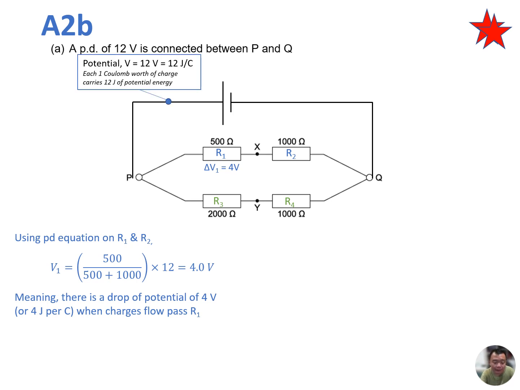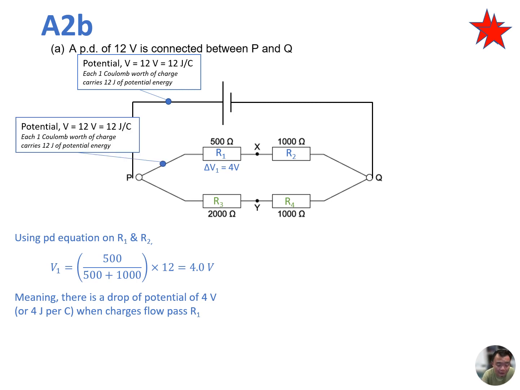So again, when we start tracing the path of the charges, they will start off having the full amount of potential energy from the battery. So the potential at this point is 12 volts, or in other words, every 1 coulomb worth of charges that you fish out at this point should contain 12 joules of potential energy. The same thing applies to this point because potential energy has not been transferred from the charges to any components yet.